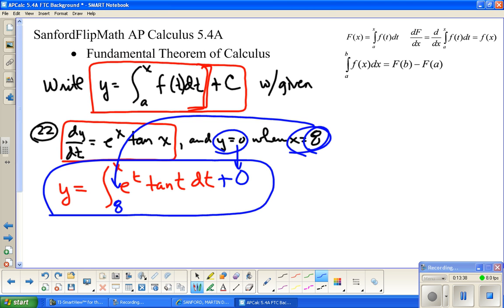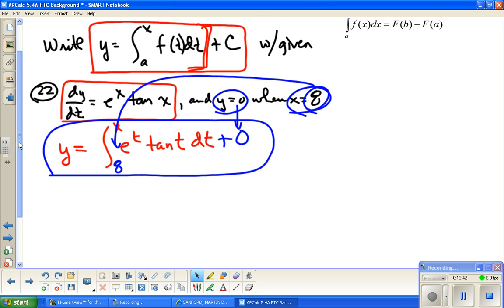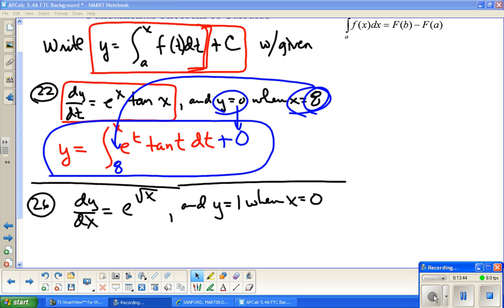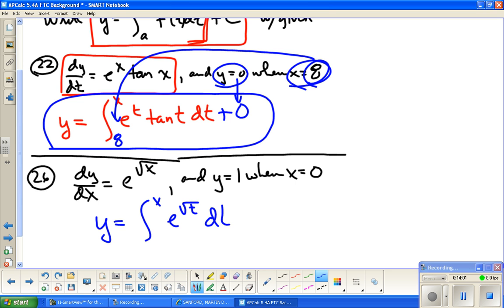Okay, let's do another one exactly like it, only completely different. Ta-da! Yep, there it is. All right, so follow the same pattern. We're going to say y equals, now this time it's going to be the integral from something to x of e to the square root of not x, d not x.